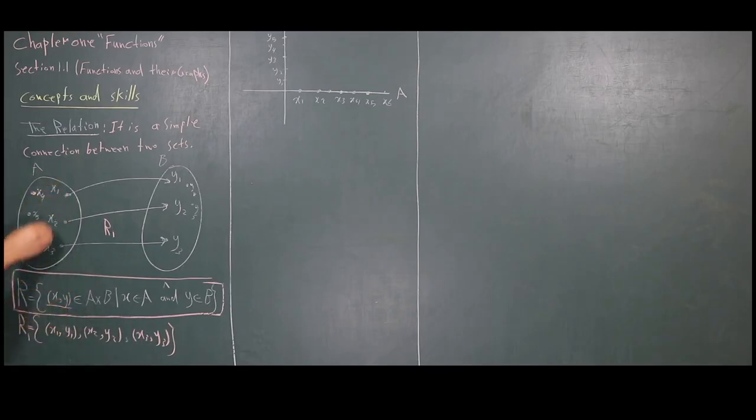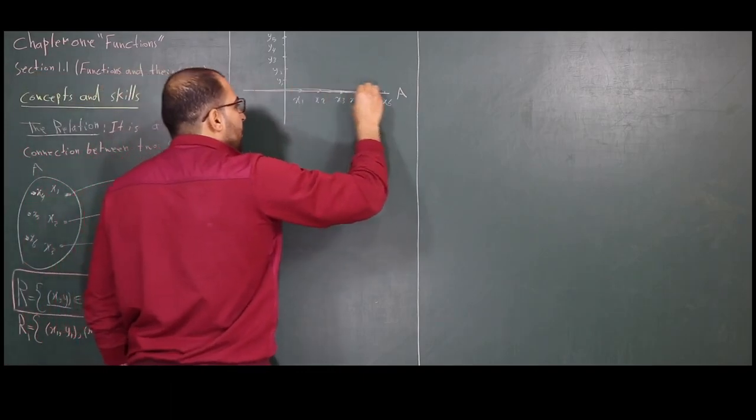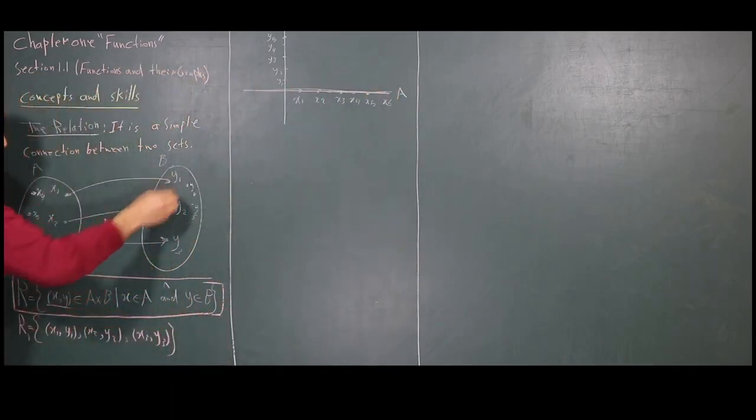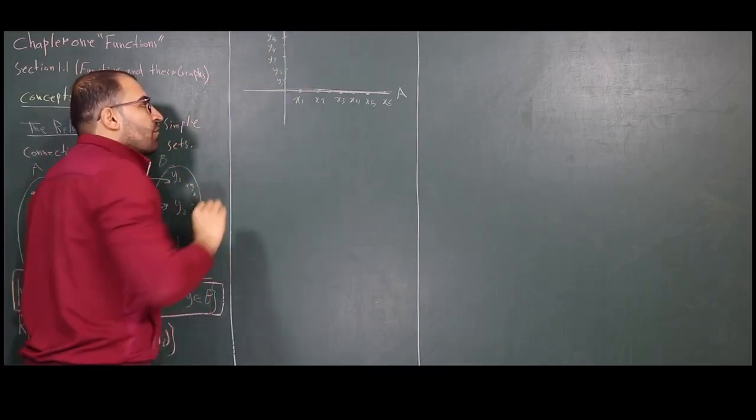The elements of the first set are represented as a horizontal line, and the elements of the second set are represented as a vertical line.